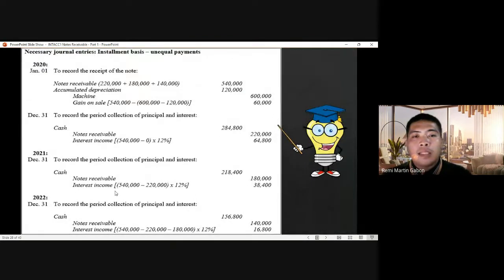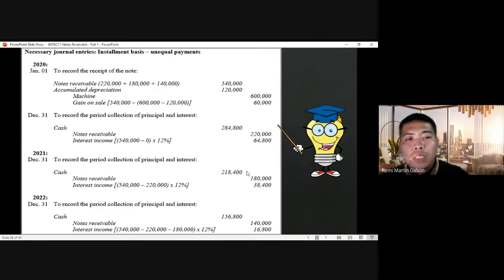Interest income is on the basis of the unpaid balance, so we now consider the first payment of 2020: 540 minus 220, the unpaid balance is 320,000. Times 12% is 38,400. 38,400 plus 180,000, the total is 218,400. That is our debit to cash.